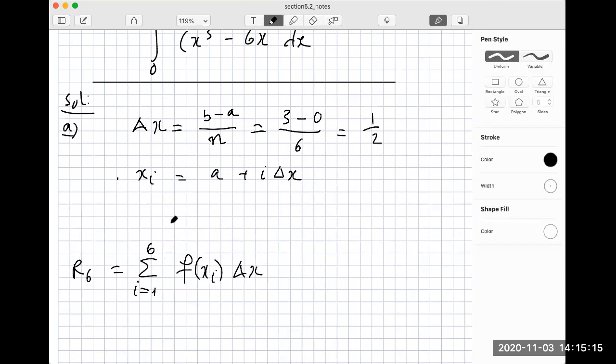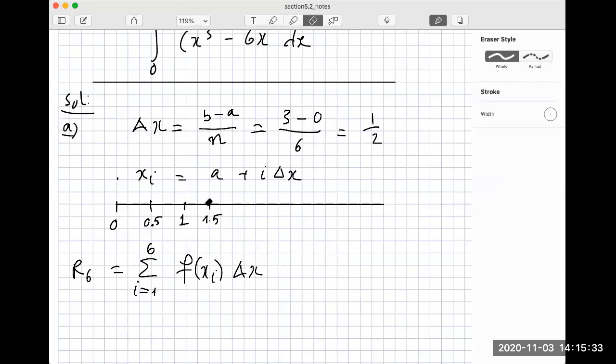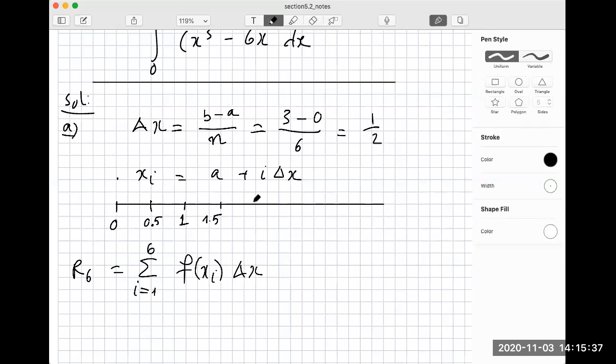The points are 0, 0.5, 1, 1.5, 2, 2.5, 3.